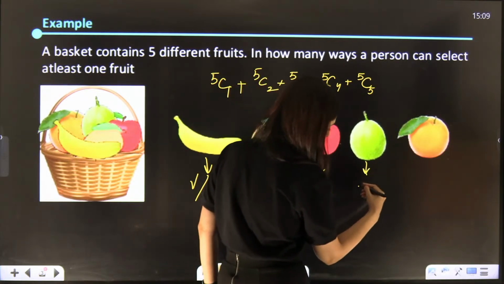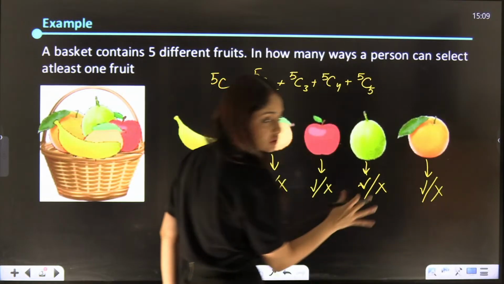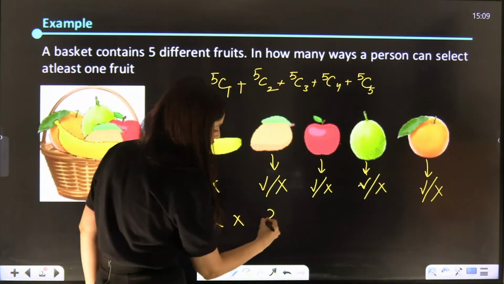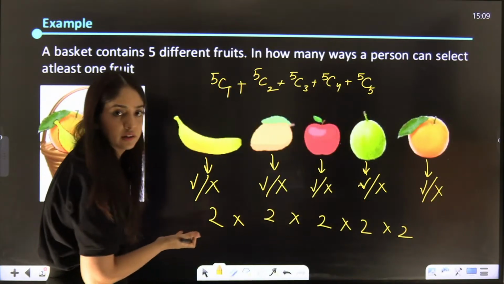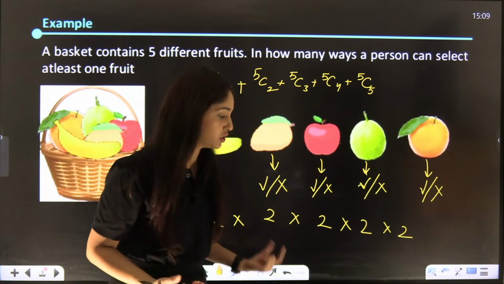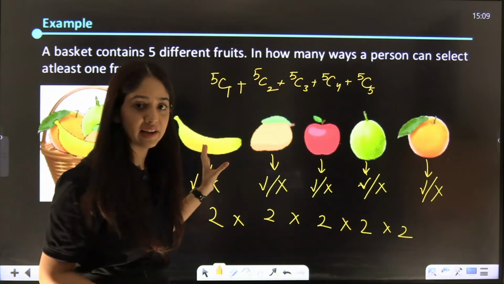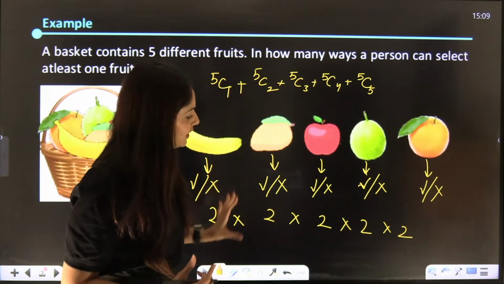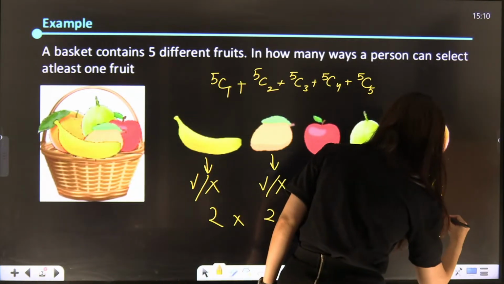So we have 2 options for each of these fruits, right? 2 options for this, then 2 for this, then 2 for this, and these are not "or" situations, these are "and" situations, so we multiply all of this. Either we select this or we don't, and either we select this or we don't. So like this we multiply, which means we get 2 raised to power 5.